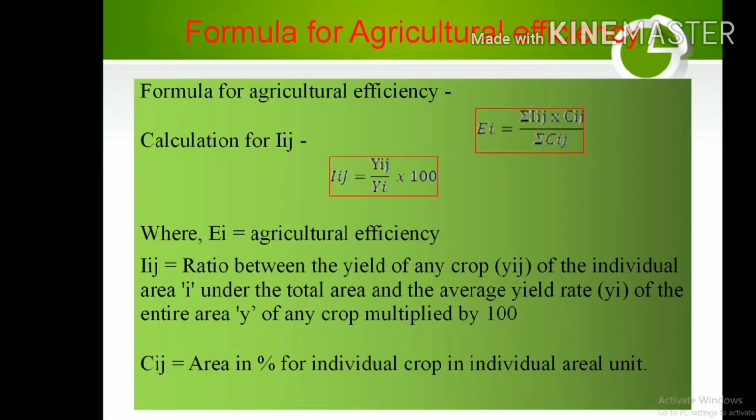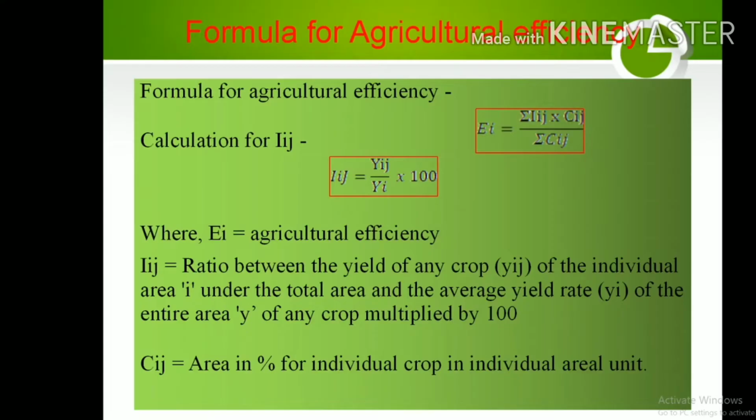So Iij is the ratio between Yij and Yi, expressed as a percentage, and Cij is the percentage of gross cropped area of an individual crop for any block.